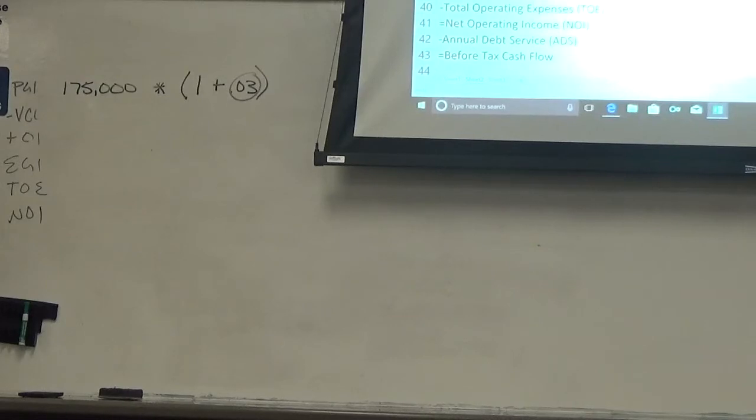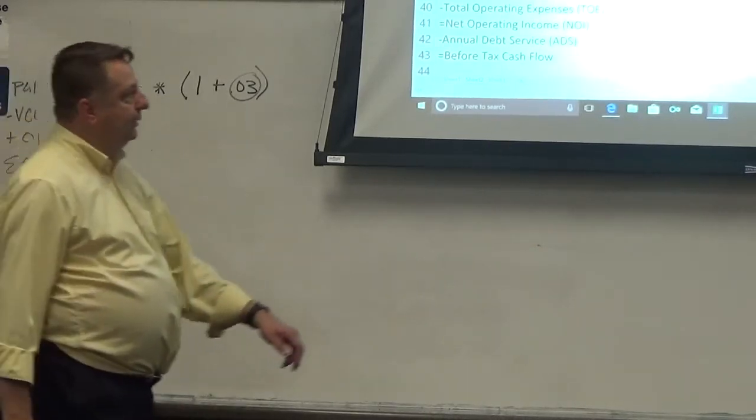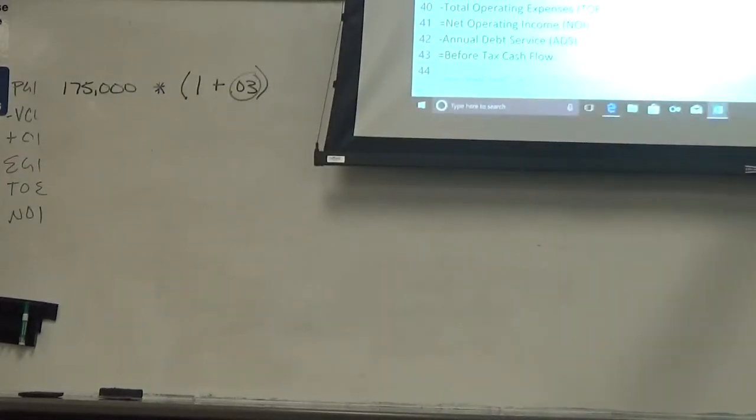For your vacancy and collection losses, what I did was take cell C36, which is right above that, and multiply it by 1 minus B24, which is going to be your occupancy rate.